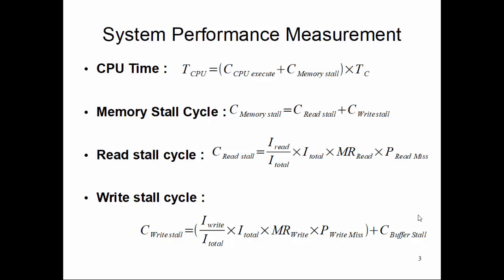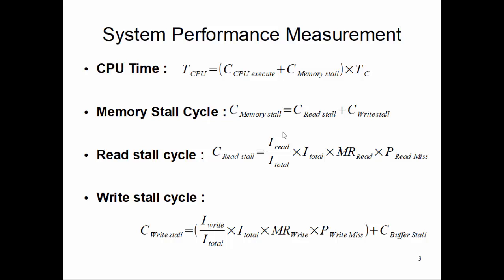Read stall cycles, we can imagine, is the ratio of the number of read instructions compared to the total number of instructions in the program that is being executed. So you take the ratio, multiply with the total number of instructions, and that will give you the number of read operations done in that program.